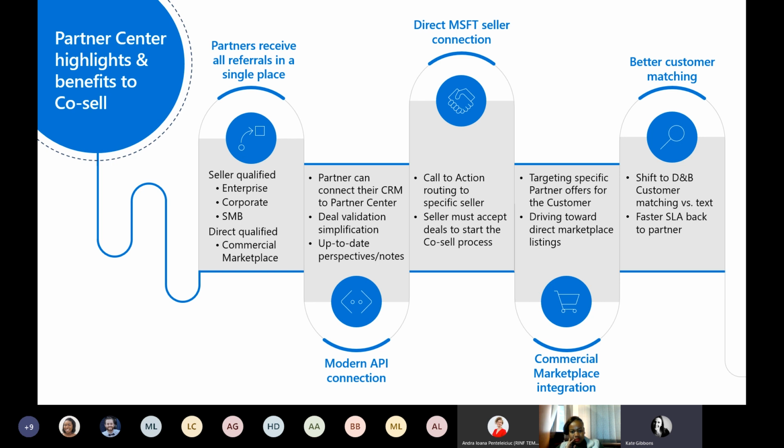Instead of going into the UX of Partner Center, we have a modern API that can connect your CRM system to Partner Center so that lead sharing and lead management can be automatic in your environment and go directly back from a data perspective to Partner Center so that we know what's happening too. You have a faster and direct connection with Microsoft sellers.